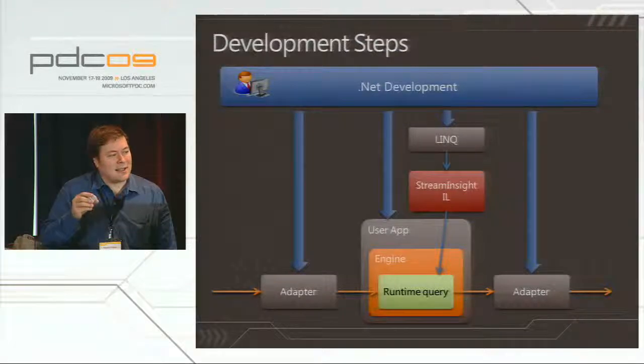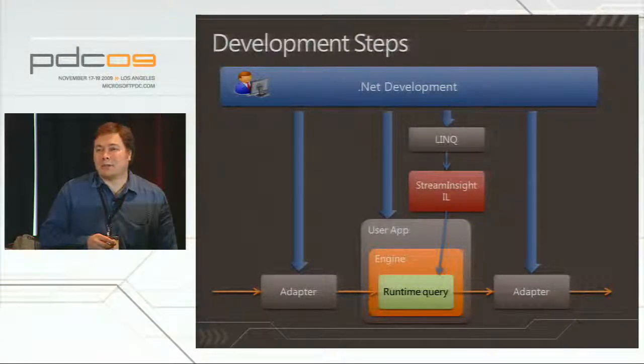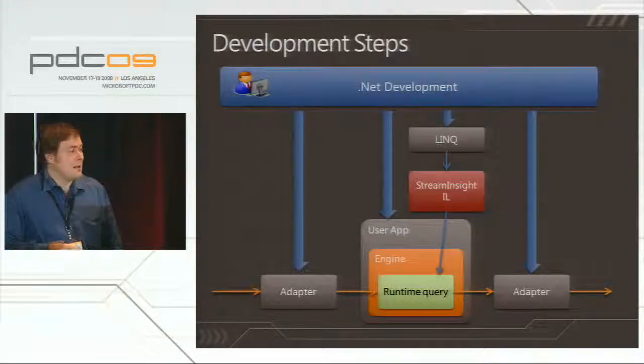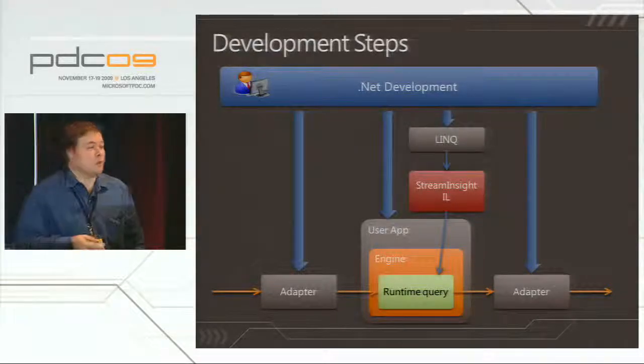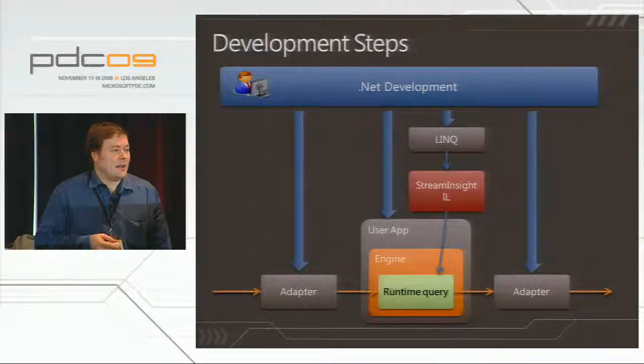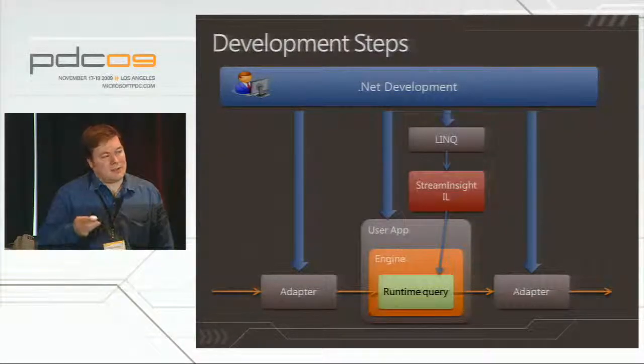So we take the LINQ expressions and convert them back to our native algebra, which is public and documented. And once the user wants to execute the query, then the engine compilation kicks in, and we generate a query graph and execute that query graph.